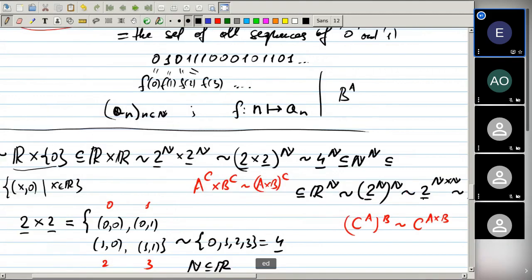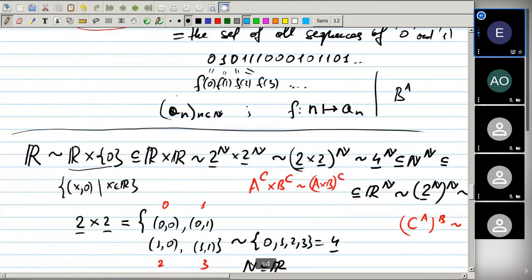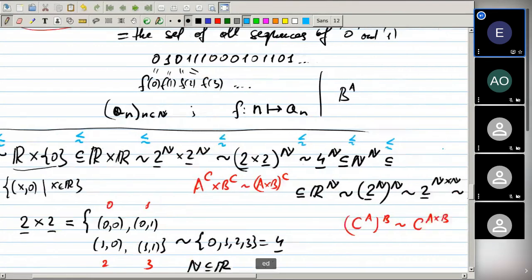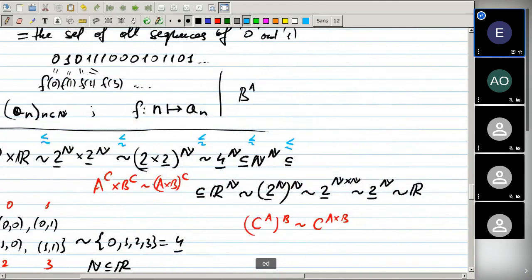Wonderful. But of course, we know that if something is equivalent, then it is embeddable. If it is a subset, it is still embeddable. Do you agree? Yes. And what do we have here?